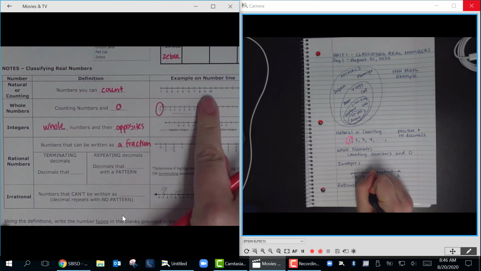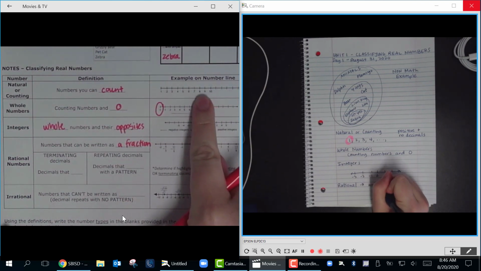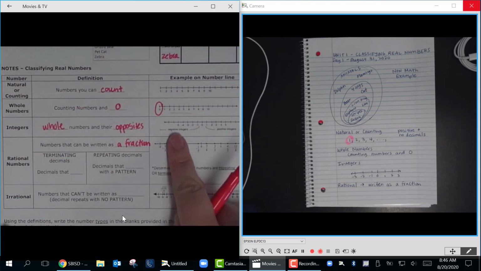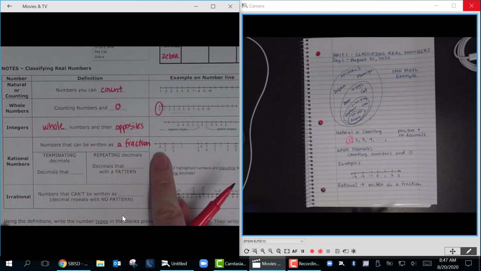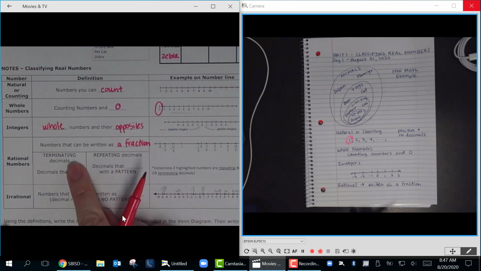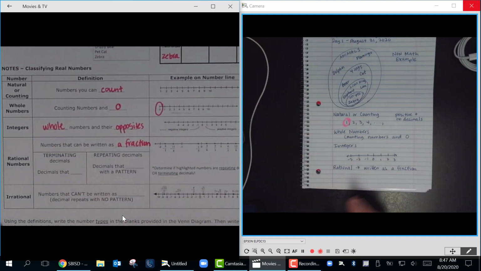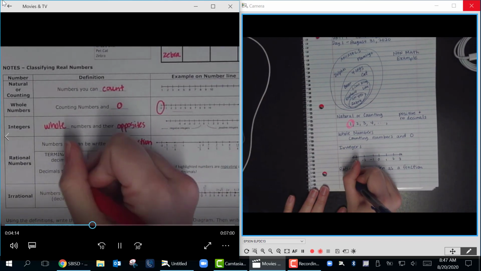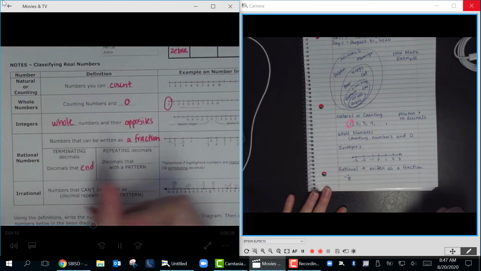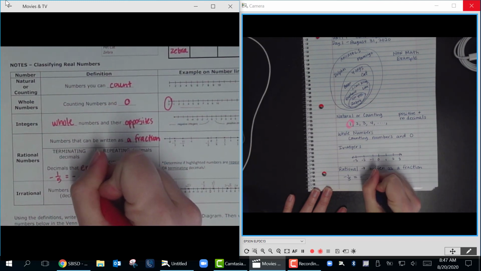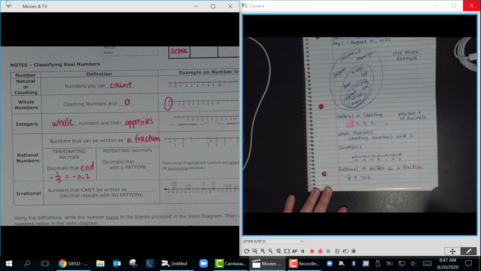Now, any of these numbers could be written as a fraction. 8 could be written 8/1, so it's a rational number. Our integers, -5/1. But we'd also look at what we have in here. We have terminating decimals, like -1/5. They're decimals that end. -1/5 is the same thing as saying -0.2.